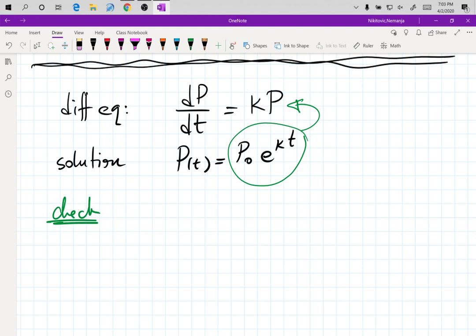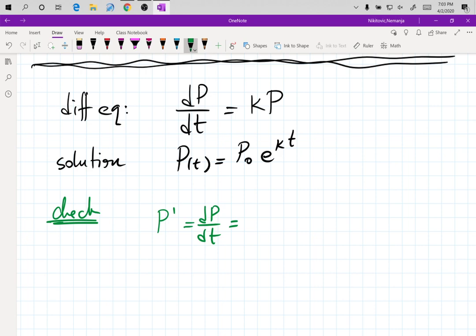Okay, let's do it. First off, we find the derivative. So P prime, which is dP/dt, whichever way you want to write it. Obviously, Leibniz is much better. If you use Leibniz notation, you are set up for 9.3 separation of variables. This prime notation is quick, but you can't do separation of variables there because there is no variable t to separate.